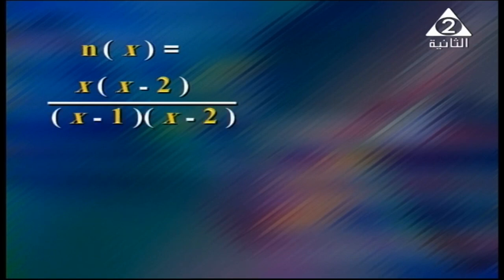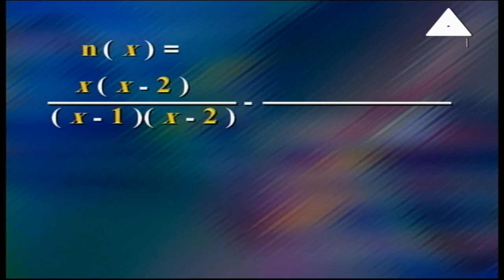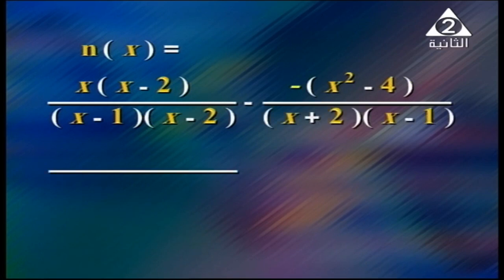What about the denominator? Factorizing the trinomial, it is going to be (x minus 1)(x minus 2), minus. You are going to take a negative common factor from the numerator, so it will be negative (x squared minus 4) over, by factorizing also the trinomial, (x plus 2)(x minus 1).